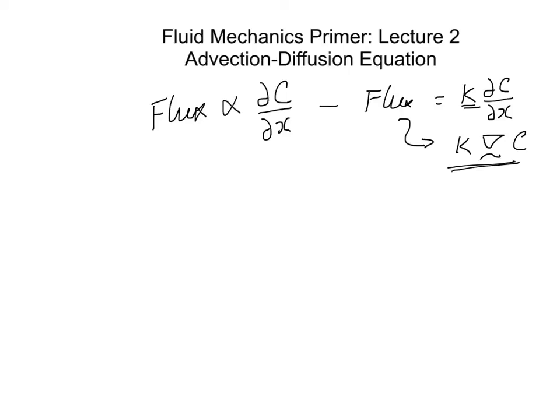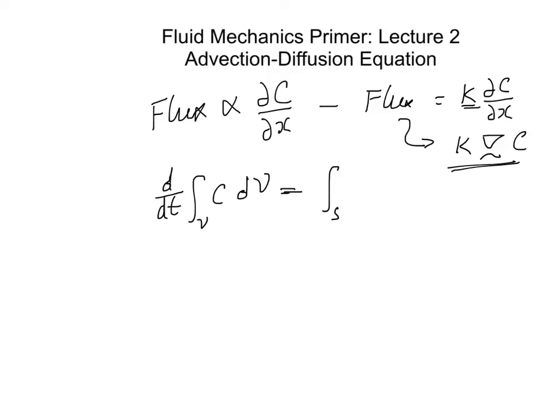So what we're going to do, following on from the last lecture, is assume that we have a control volume, V, and there's a total amount of some tracer within our control volume, and we can find that total amount of tracer by integrating over the volume. We're going to assume that this tracer is conserved, and that means that the time rate of change of the total amount of tracer in our control volume is simply equal to the amount of tracer which is diffused in from around the boundaries.